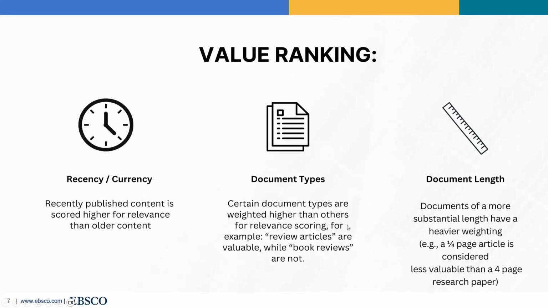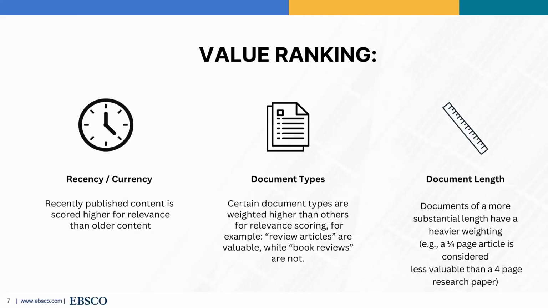Now, the system also utilizes value ranking. Value ranking is a specific content attribute matching records that may contribute to relevance scoring. This feature is some sort of a tiebreaker that uses the following criteria to return relevant results. First is publication date, where recently published content is weighted heavier than older content.